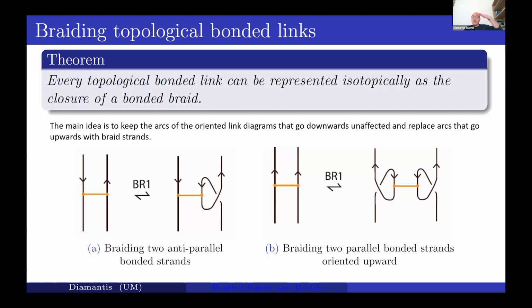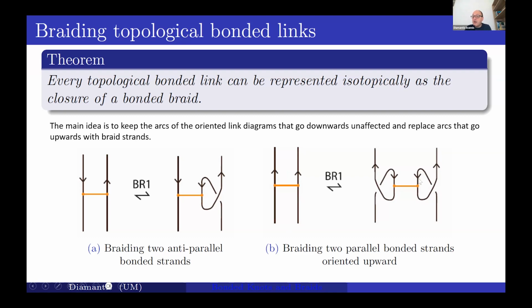Because remember, braids have a natural orientation from top to bottom. And if both strands are oriented upwards, you can again use isotopy on the left and on the right so that they go downwards. Then for the other strands, you use the classical Alexander theorem and you can braid them. But this is not true in the rigid category.